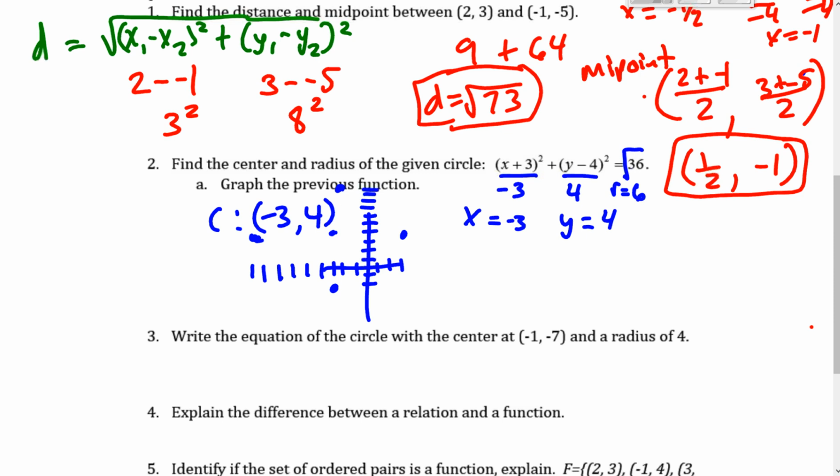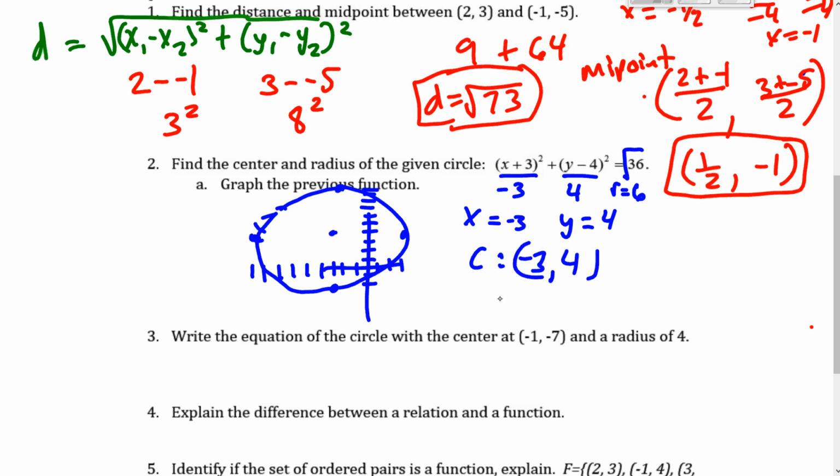So there's my beautiful circle. My center is -3, 4. My radius equals 6.